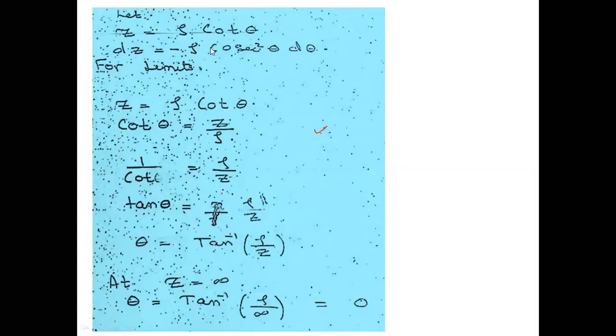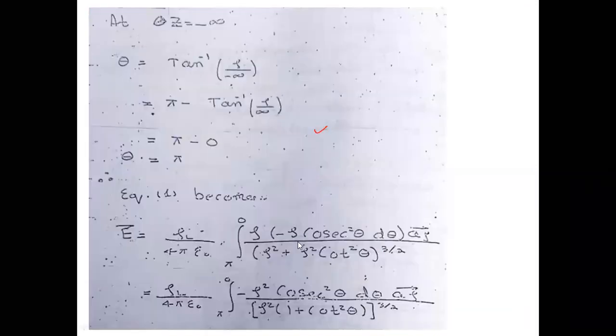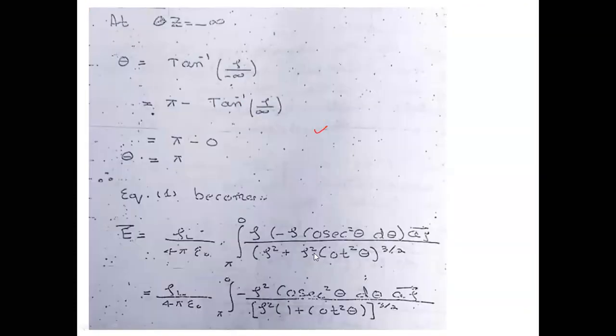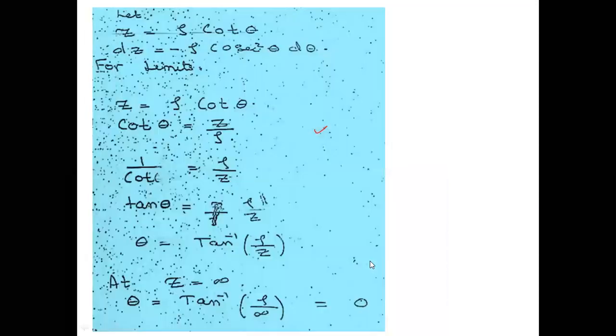Here is the value of this. Okay, so minus rho cosecant square theta d theta, this is the whole dz, and rho as it is. Now replacing the value for the z, rho square plus, and this is the value for the z. Now z is equal to rho cotangent theta.